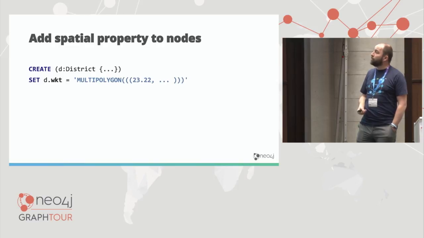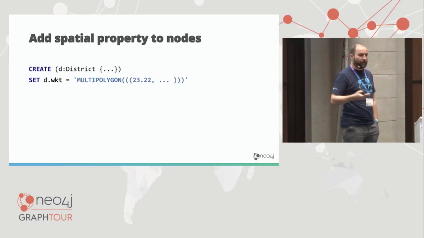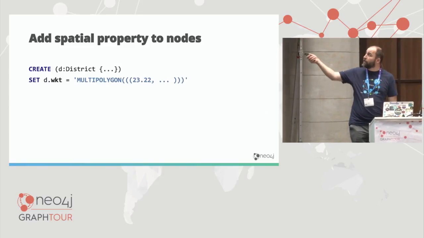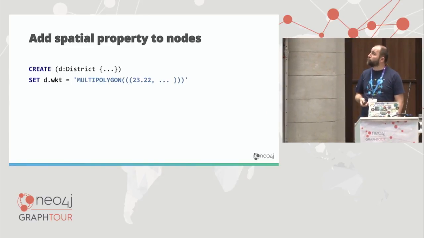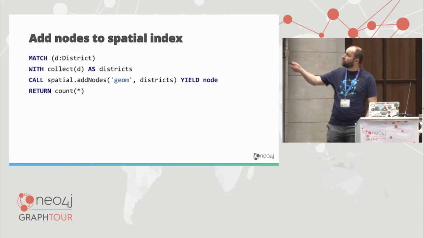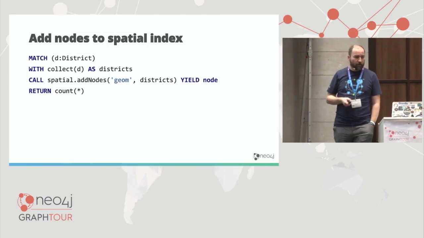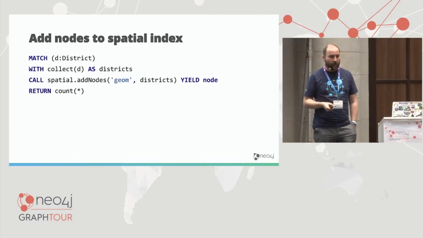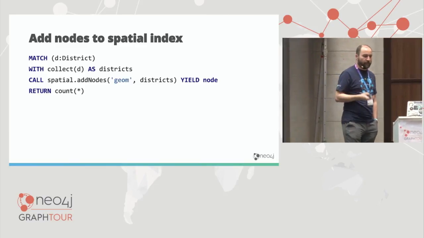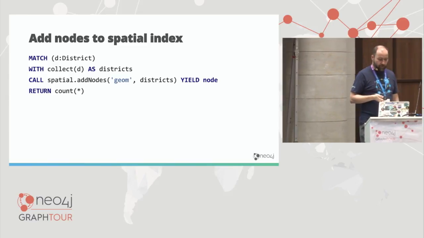And then we create our nodes with this data, districts in this case, and set the spatial information on this property. And then we get our data and call a spatial procedure to add these nodes to the spatial index. Then they are integrated in the R-tree that the spatial index creates, and I can start to query them.